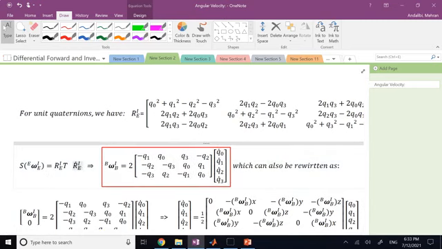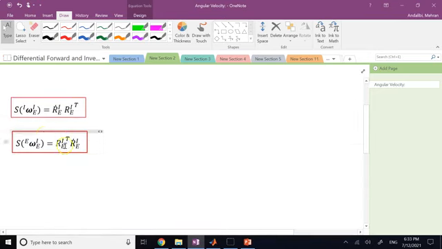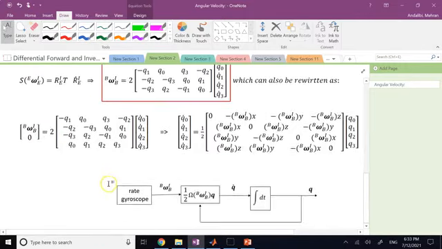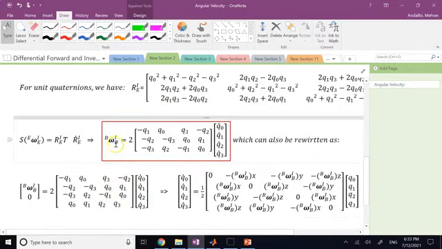Okay, so I plug it into the formula that I just proved here for you, and I get this entity here. If I do it, then you can easily show that the omega of the end effector with respect to inertial as written in end effector can be written like this: 2 times this matrix times all of these Q dots, okay?